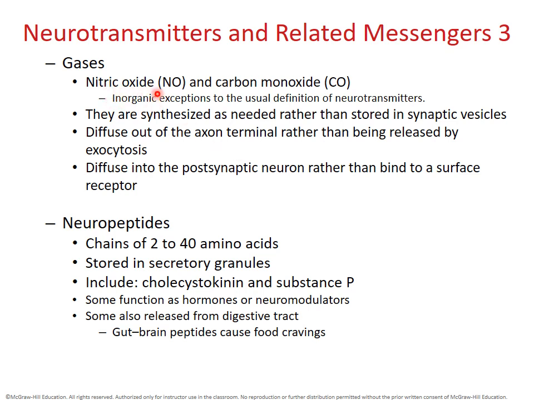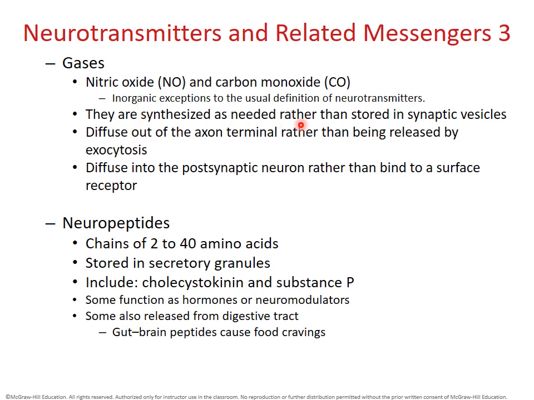Nitric oxide is one, and believe it or not, carbon monoxide is also one. Notice these are inorganic. Remember, to be organic, a molecule has to contain both carbon and hydrogen, and neither of these contains both. So while the vast majority of neurotransmitters are organic, in this case we've got a couple of inorganic neurotransmitters.